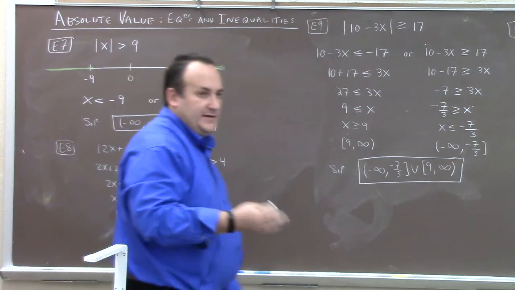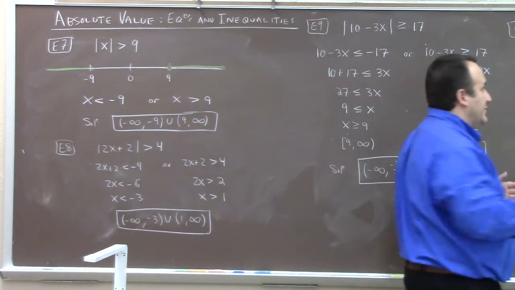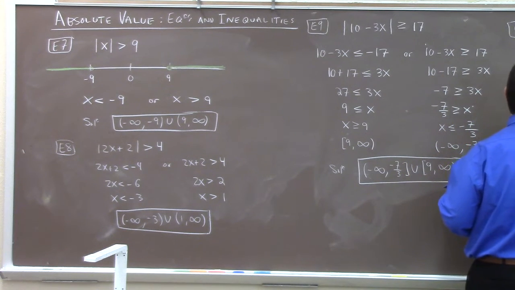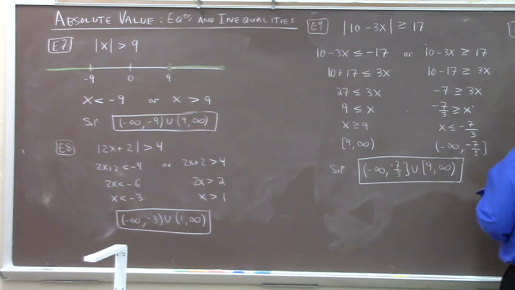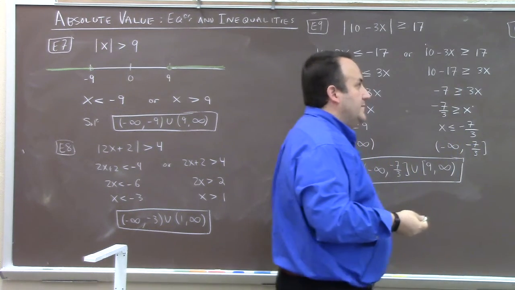All right, so again, this is less than. So that means we can say minus 17 less than 10 minus 3x, less than 17, because it's the less than problem.